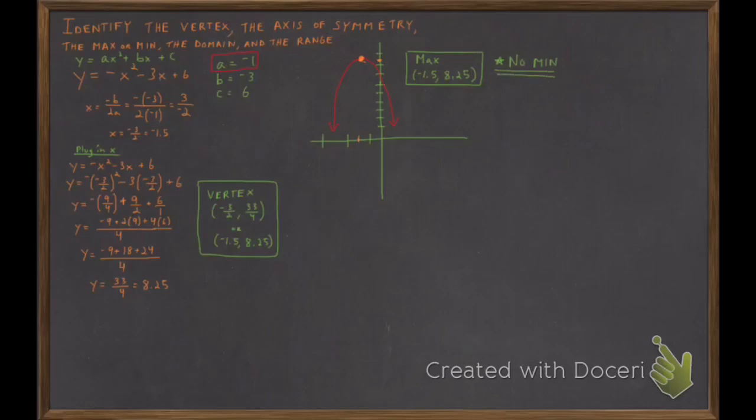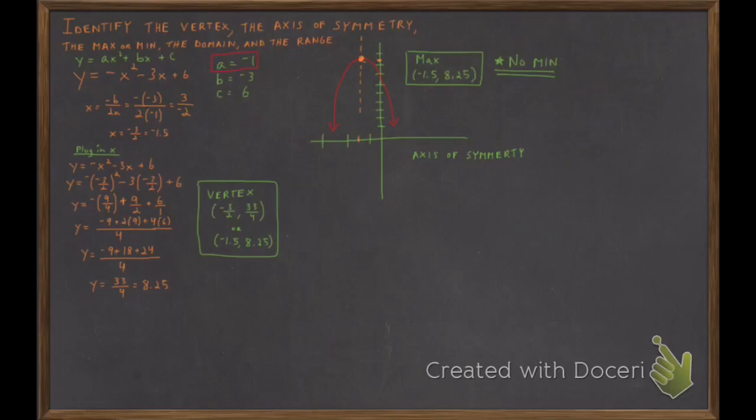Alright, now for our axis of symmetry. So where is our axis of symmetry? Well, where is this function symmetric? Well, we can see again, it's going to be a vertical line. And it's the vertical line in the middle. And the middle point of our function is always the x-coordinate of our vertex.